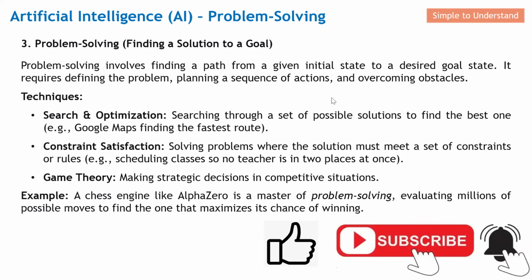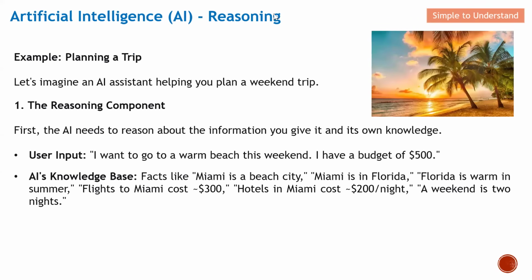Next, let me give you an example under reasoning and also an example under problem solving. Basically, they will be the same situation. For example, now I want to plan a trip. Let's imagine that AI helps me to plan this weekend trip. This is what I have written earlier on.